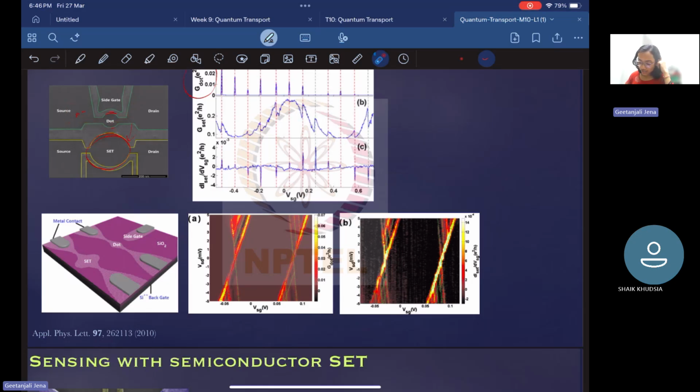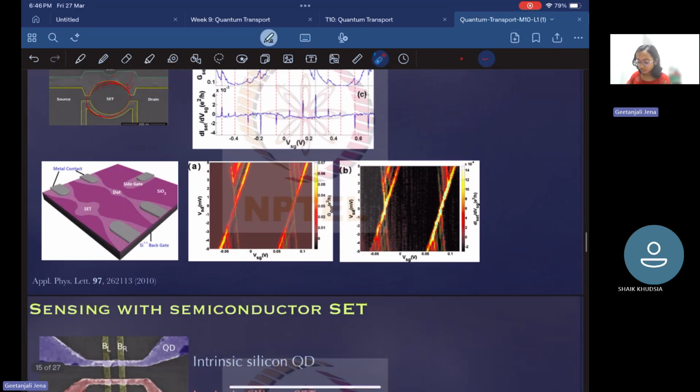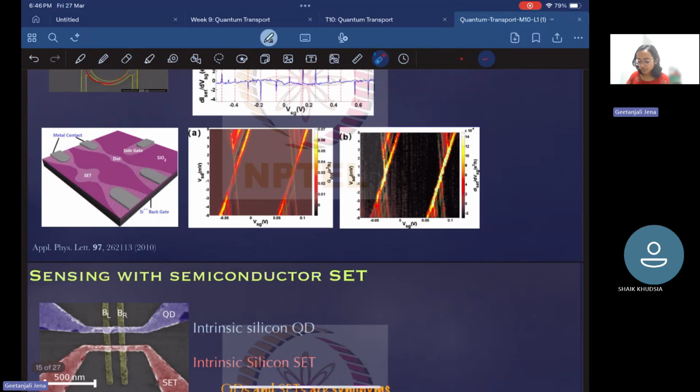Okay. So in this way, we can use the graphene SET to sense the charge. And as I said before, these are the charge stability diagrams you can get for the graphene quantum dot.